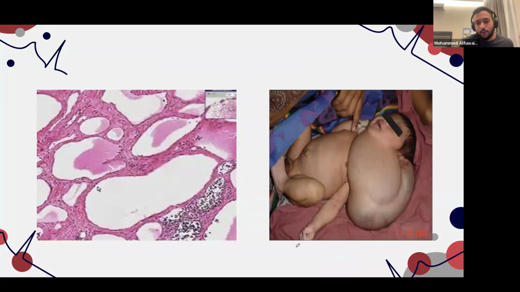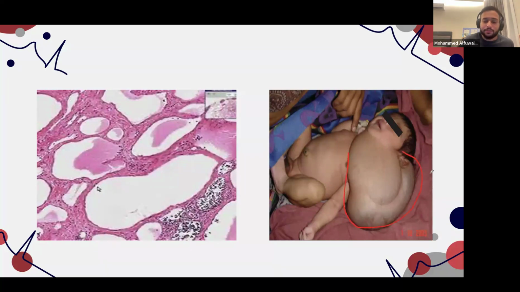How about this? What is this? Lymphangioma. This is a lymphangioma, a benign tumor of lymphatic vessels. Why exactly? This is a lymphatic vessel because it has no RBCs. What's happening with this baby?